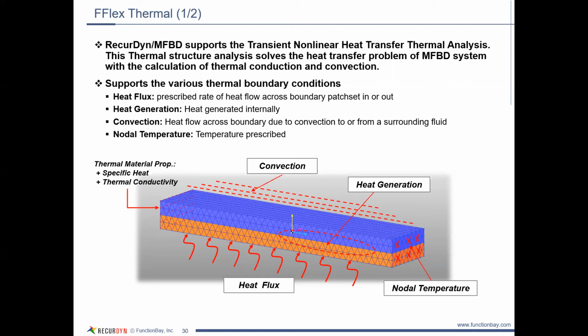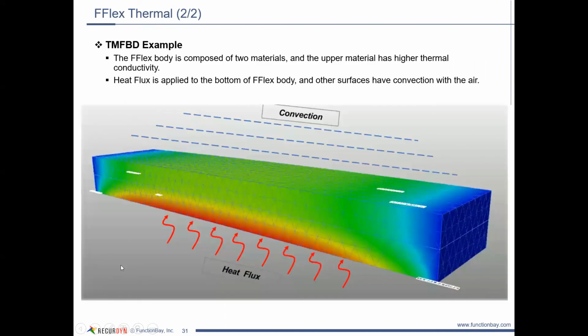Some of you may remember that in previous versions, we already had the ability to define nodal temperatures manually and then use that information to calculate thermal stresses. Now the nodal temperatures can be generated by this capability, and then the thermal stresses are generated. And the last thing is that you can define a convection boundary condition as well. As a result, you can get a temperature distribution.